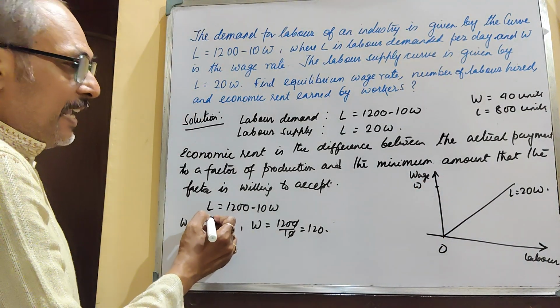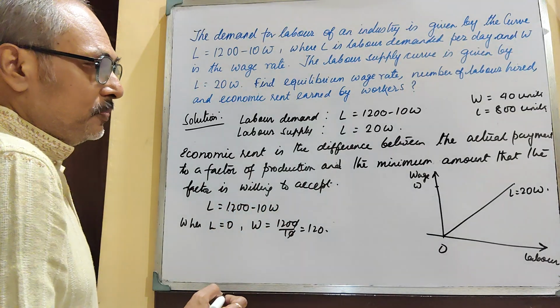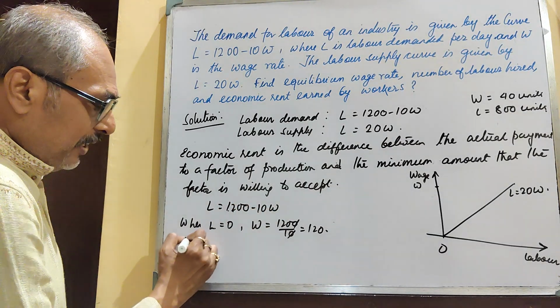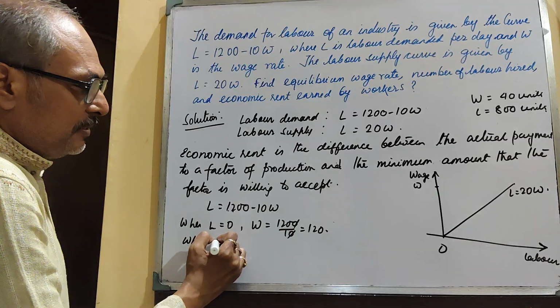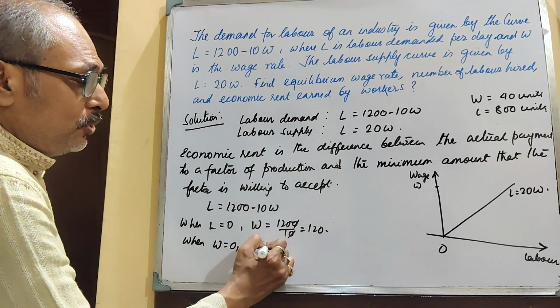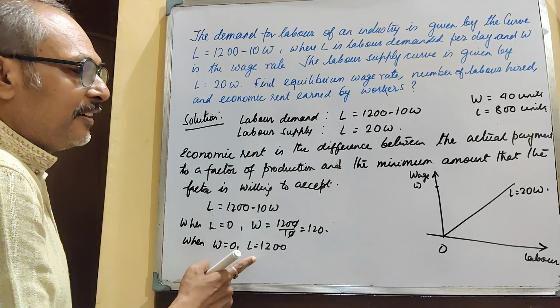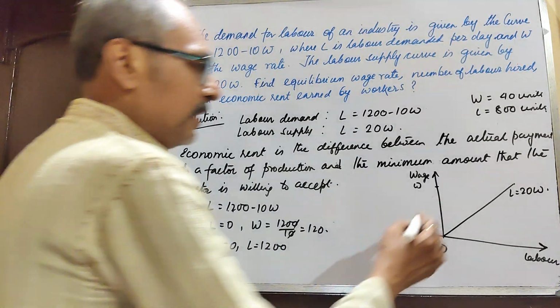And L equals 1200 minus 10W. When W equals 0, L equals 1200. This is the horizontal intercept and the curve is downward sloping.